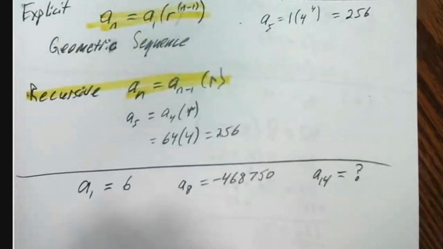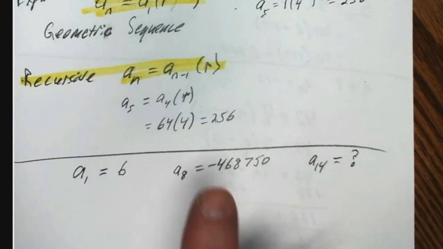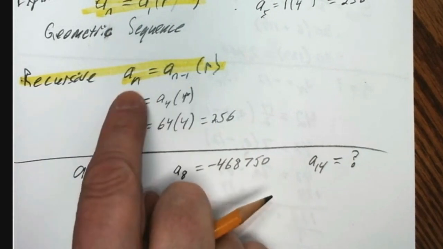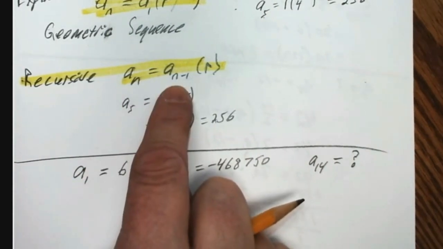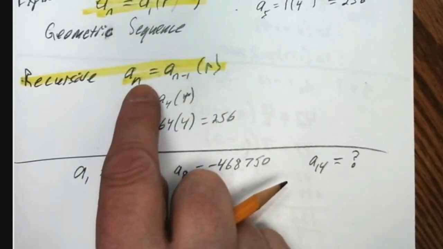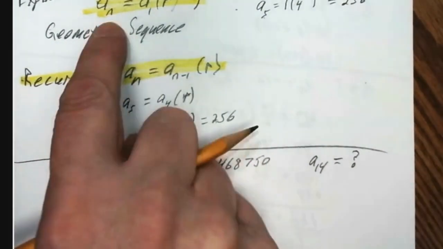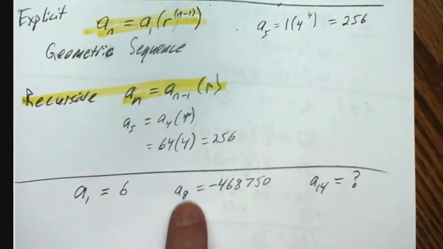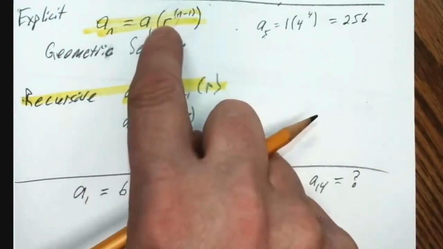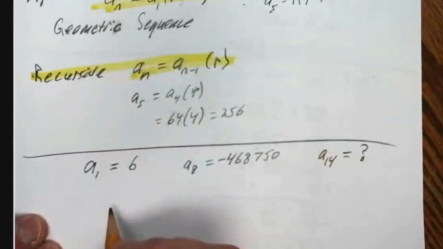Let's look at our two different formulas. With the recursive one, for the 14th term we'd have to know the 13th term, and we don't have that information. If we wanted to use the 8th term, we'd have to know the 7th term, and we don't have that either. But if we use the explicit formula with the 8th term, we know the first term and we know what n minus 1 is, which would just leave r. So let's use this one to figure out r.